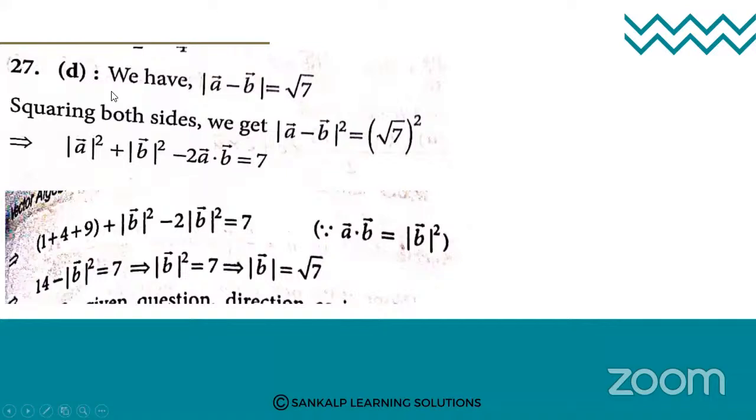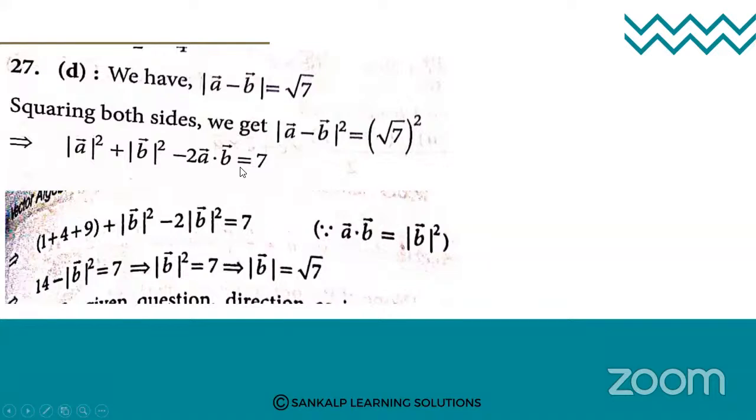See here, the first hint given is that mod of A minus B is root 7. When we square both sides, we get mod of A minus B square equal to root 7 square. On simplifying, we get mod A square plus mod B square minus 2A dot B equal to 7.